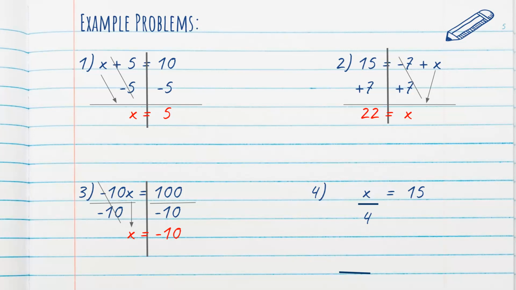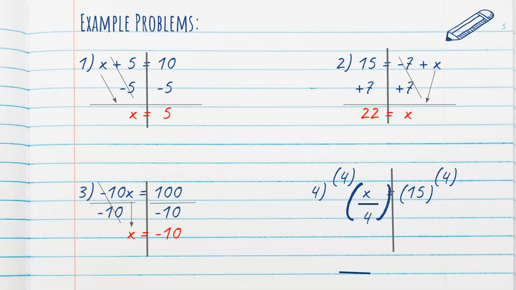Because this is just division. X divided by 4. How do we get rid of division? We multiply. So we're going to multiply both sides by 4. What we're doing on that left-hand side, we've got 4 times x over 4, which, this is not a fraction, but I could make it a fraction by putting it over 1.